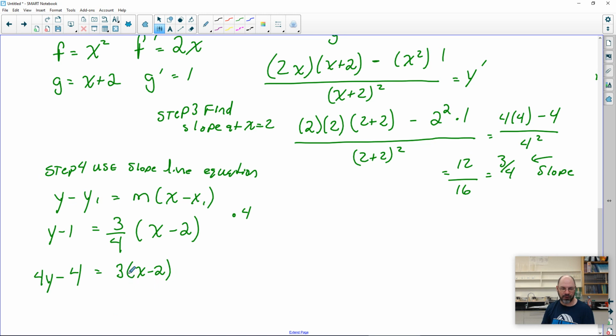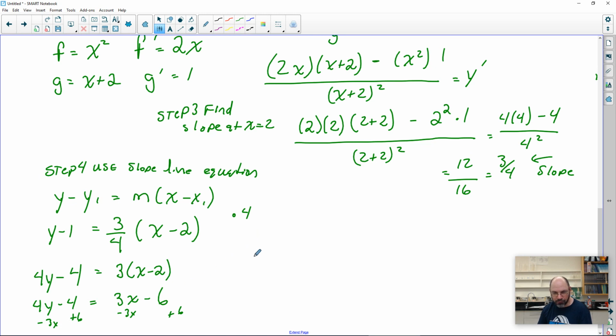Okay, now we can do the distributive property. 3x minus 6. So let's bring everything to the left. Let's add 6 and subtract 3x.